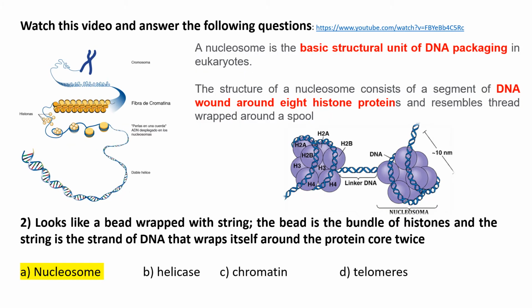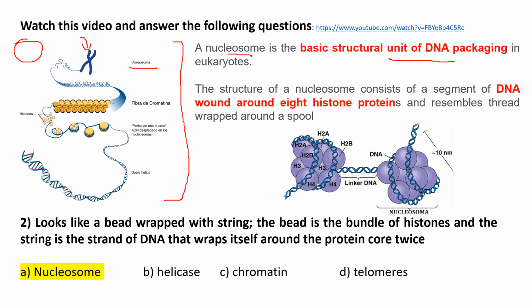As we said before, it's very important that you understand what a chromosome is. Please read about that, and make sure that you understand what a chromosome is and what a histone is. Here the answer will be a nucleosome. That is the basic structural unit of DNA packing in eukaryotes. In prokaryotes you have circular DNA, while in eukaryotes the chromosomes look like this.